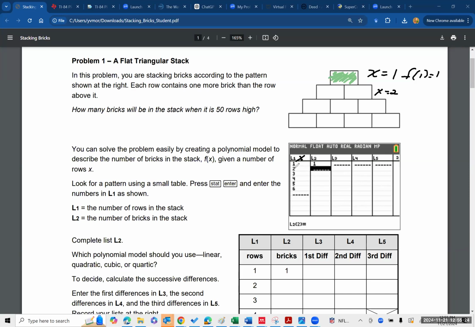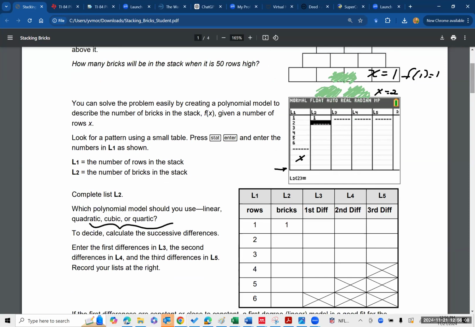So that's definite, and that is what the entry is. But look at what the output is. The output is the number of bricks in the stack. So we're actually looking at the whole stack once you add the second row. So the whole stack is now a 3. You did add 2 bricks in the second row, but what that amounts to is 3.